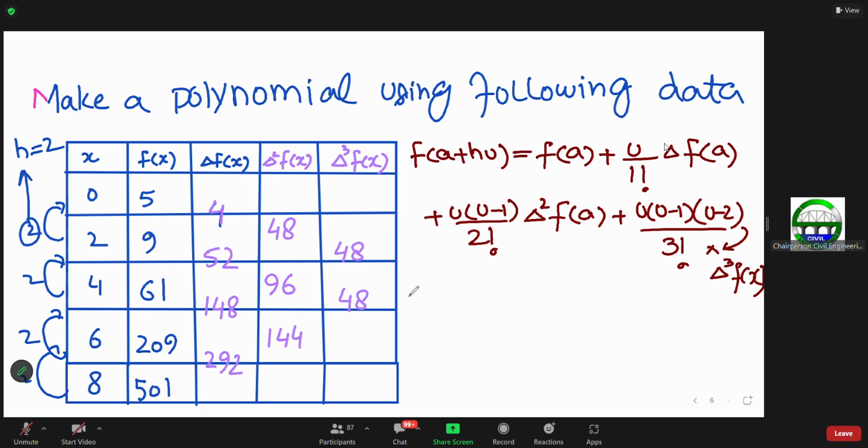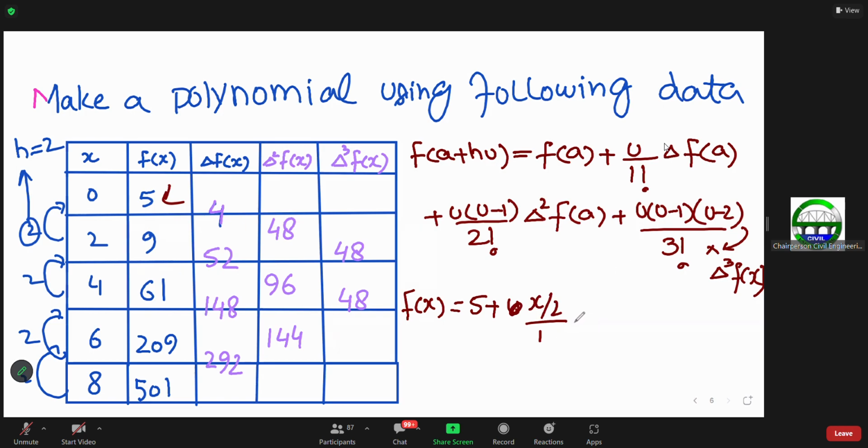So just push the values. f of x will be equal to f of a. What is f of a? It is equal to 5, plus, you already know u was x by 2, right? x by 2 divided by 1 into del f of a.